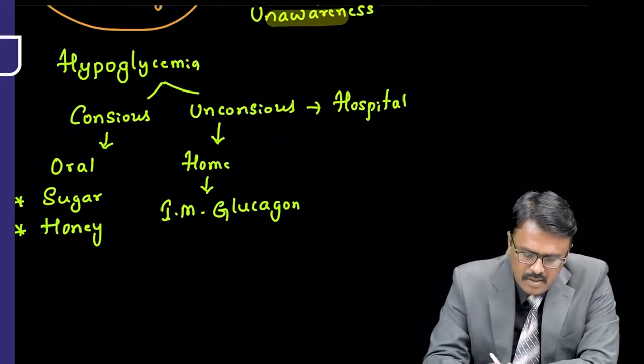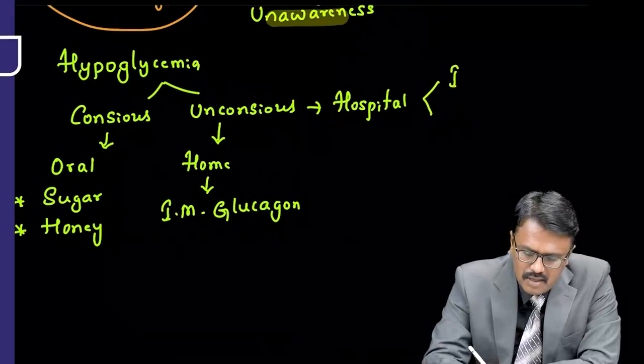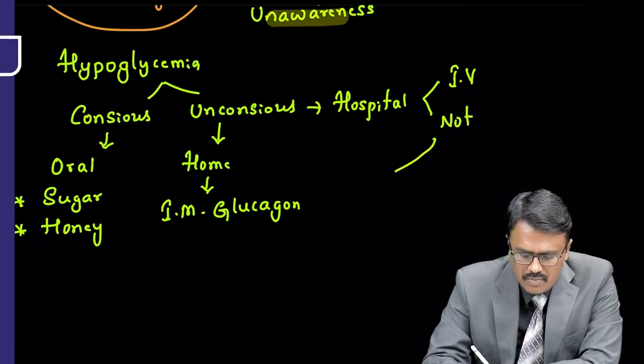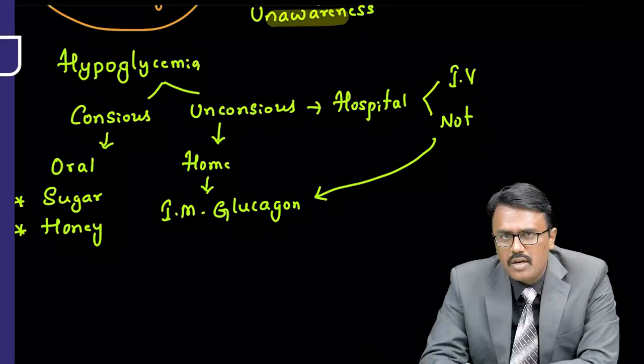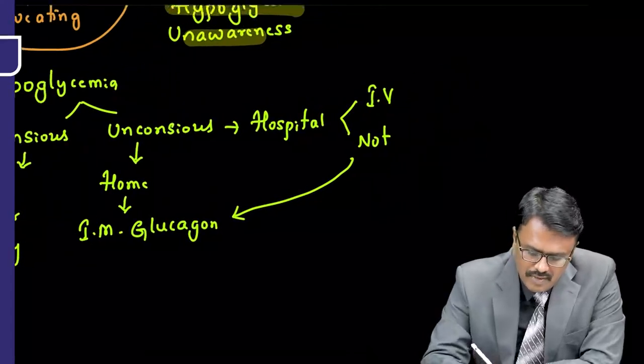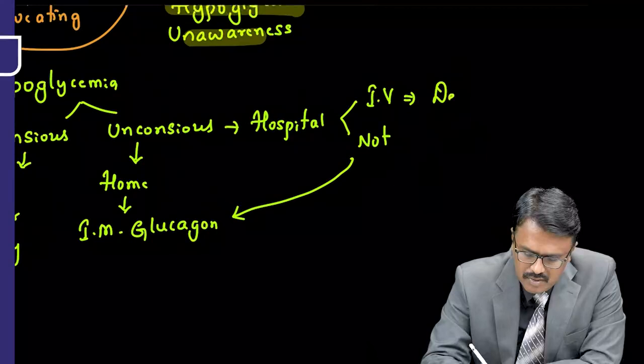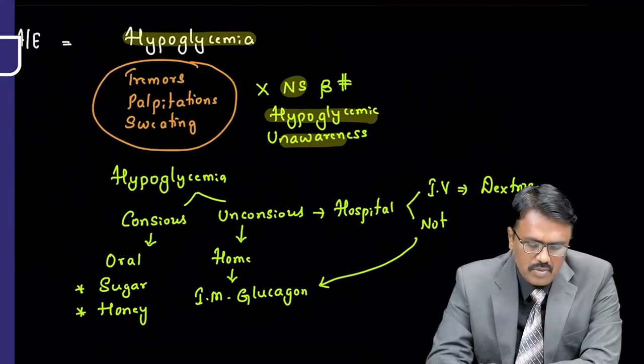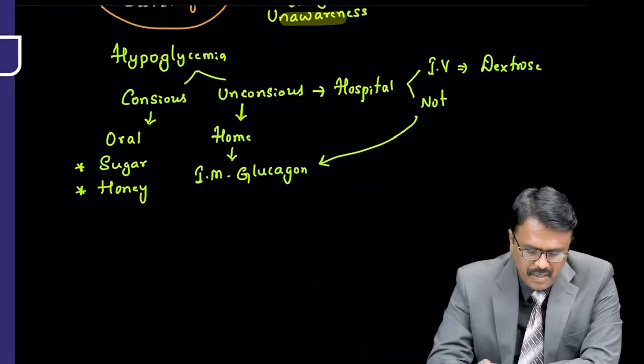In the hospital, it depends whether the patient has IVSS or not. If there is no IVSS, obviously you have to give IM glucagon if you don't get an IV line. If IVSS is there, then it is better to give dextrose, that is glucose. So this is how we manage hypoglycemia due to insulin administration.